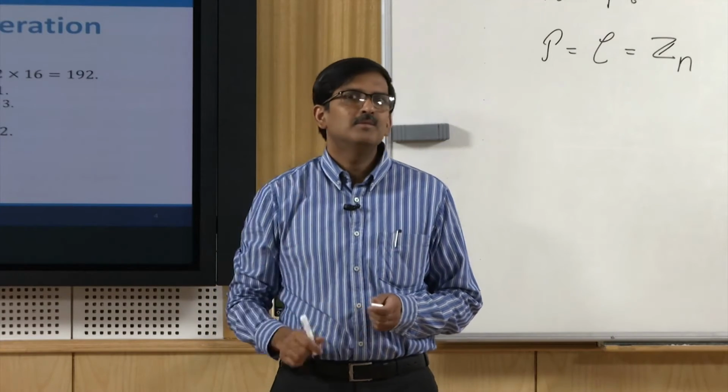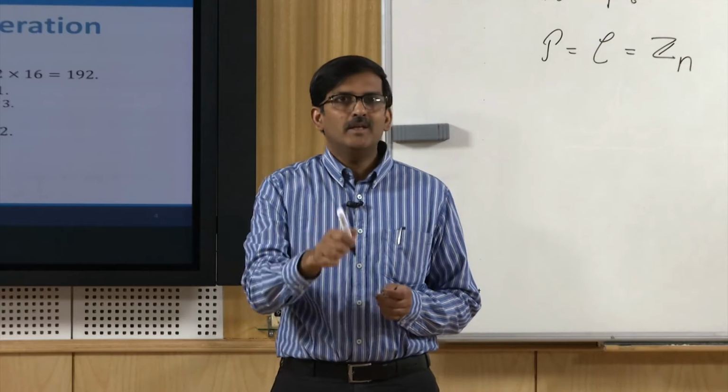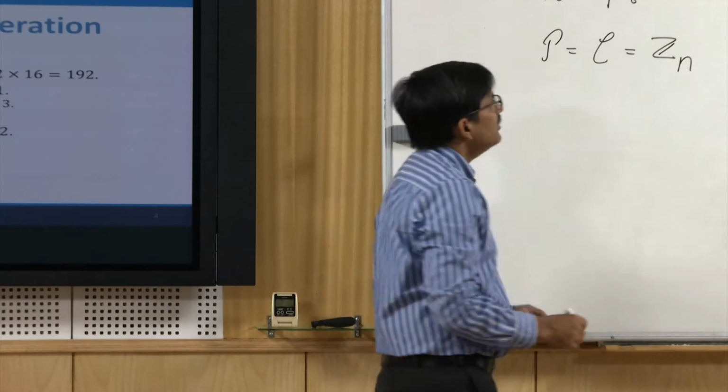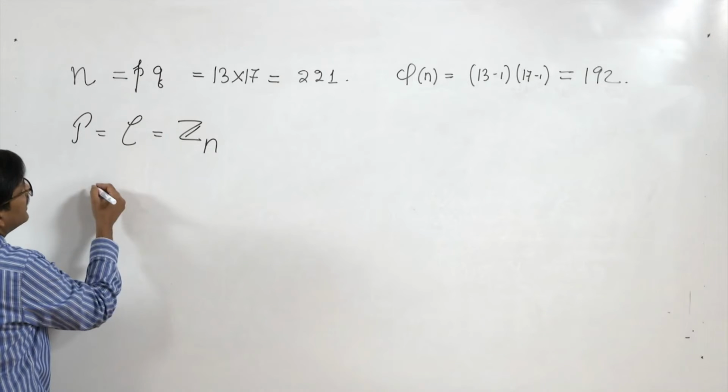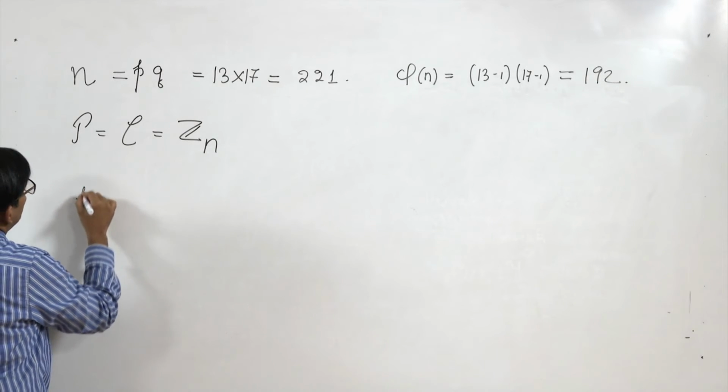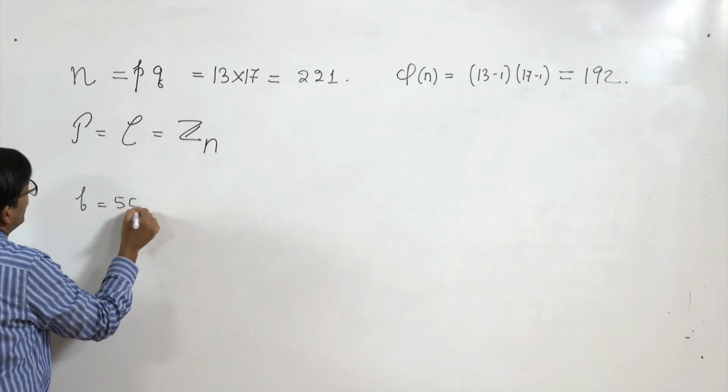A note of caution: B is co-prime to phi n and not n. So if we choose B in that way, B equal to 55 will work.